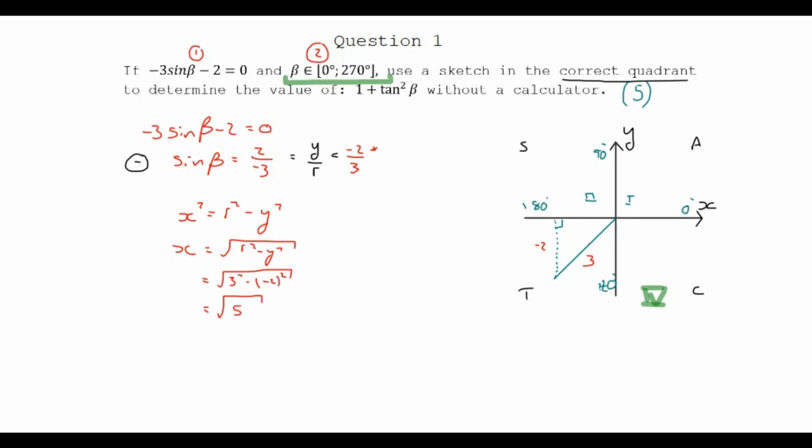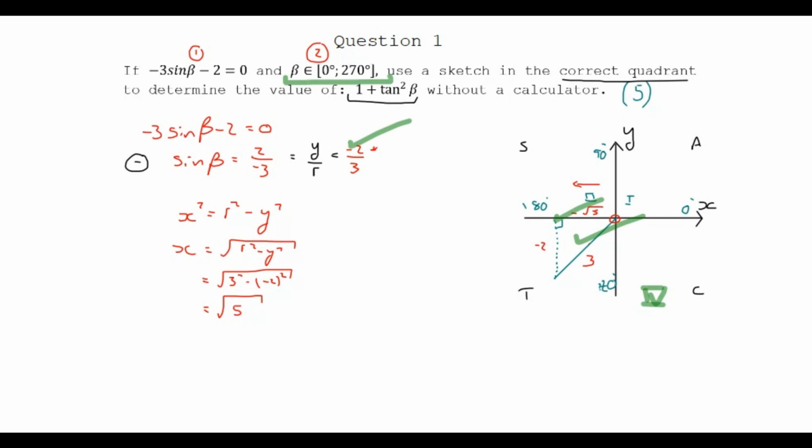However, if this is our origin, and we are working on this side of the origin, then this is a negative x, so it's negative root 5. Alright, now, you have only answered 3 of the 5 marks. First one, for isolating sine. The second one, for finding the correct quadrant. The third one, for plotting the points correctly in that quadrant. You still need 2 marks. So, let's go and answer the actual question.